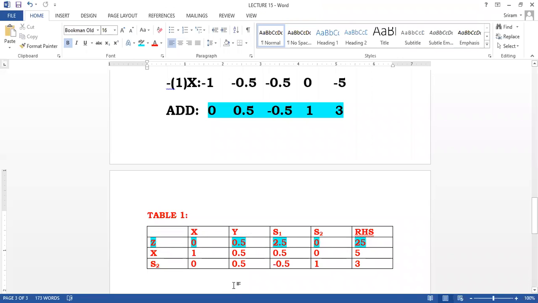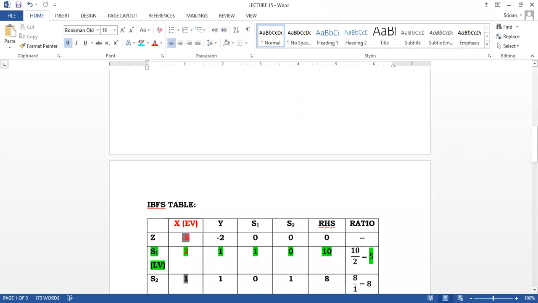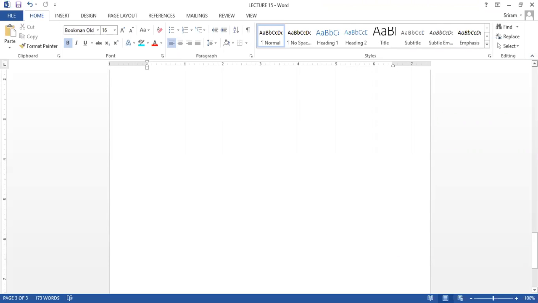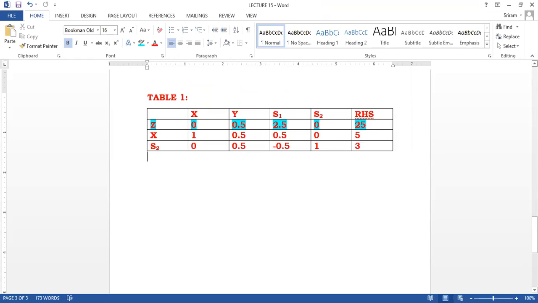If I have a minus value, I am going to repeat the same process again. If I don't have any minus value, our optimum solution is attained.